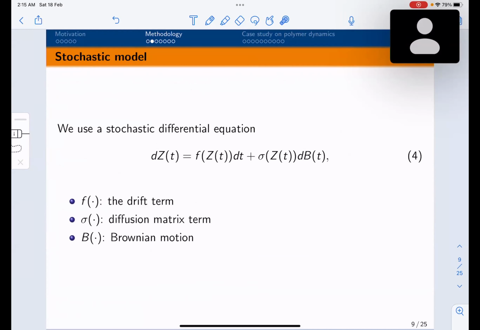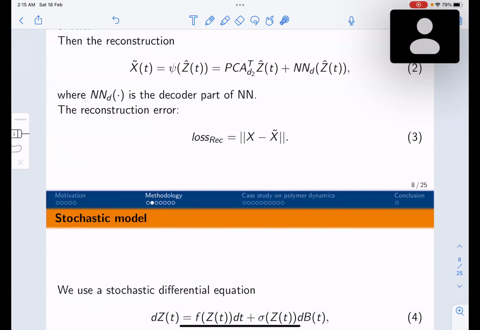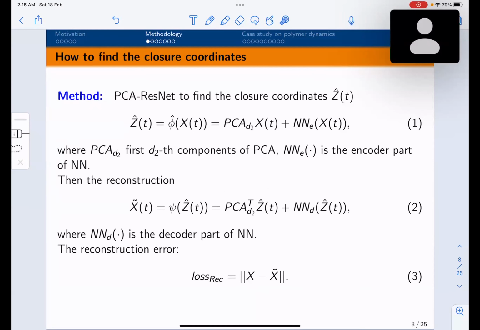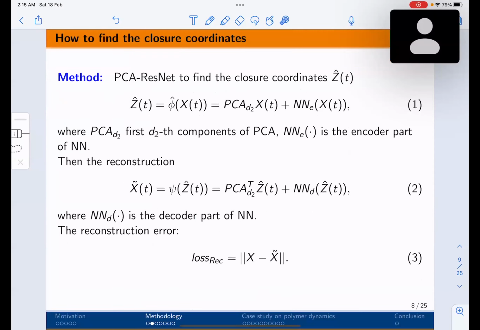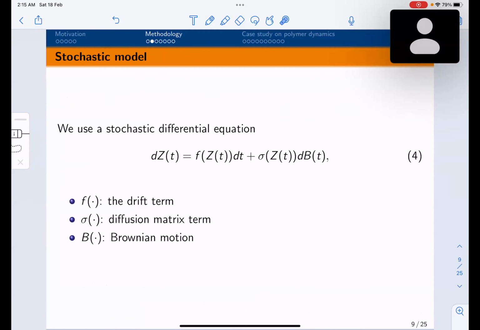And then after we get the Z hat, that means we have got the ZT. Then how could we model the ZT? Because in a lot of systems there is a lot of stochasticity, so we still use a stochastic dynamic system to describe the ZT.